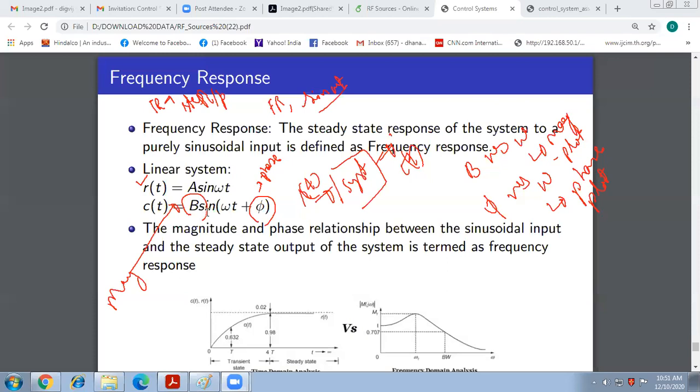They will remain independent of that. But B and phi will see a significant variation with changes in the frequency of the input signal. This characteristic of change in magnitude and phase of the output with respect to change in the frequency of the input signal is called frequency response.